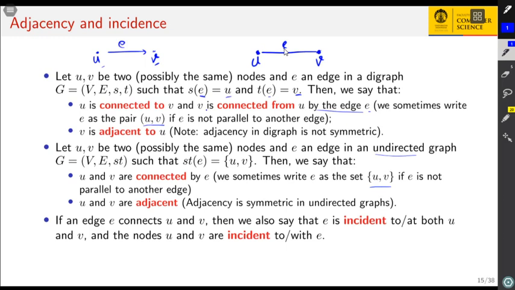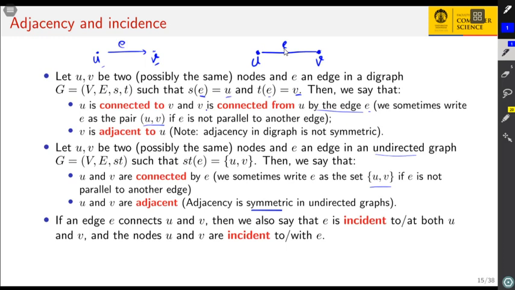Also in this case, we will say that U and V are adjacent. U is adjacent to V and V is adjacent to U. In undirected graphs, adjacency is symmetric. Remember, in directed graphs, adjacency is not symmetric, whereas in undirected graphs, adjacency is symmetric.